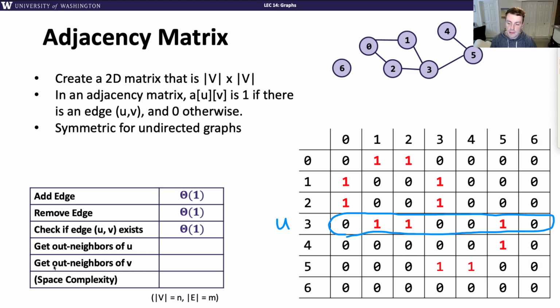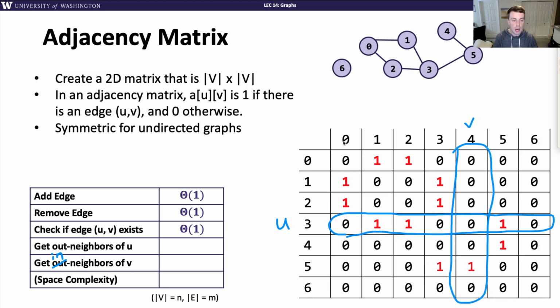This second point is supposed to say what are the in neighbors of V. I'll make sure to change that on my slides that I post on the website. If you want to find the in neighbors of V, we'll say we're looking at maybe node 4. Well, we just look at this column here and see which entries have a 1 in them.